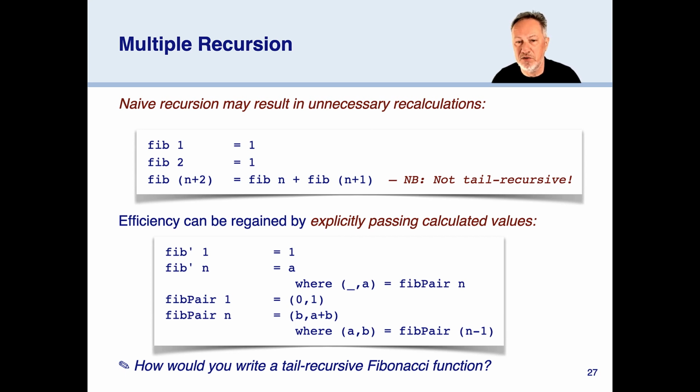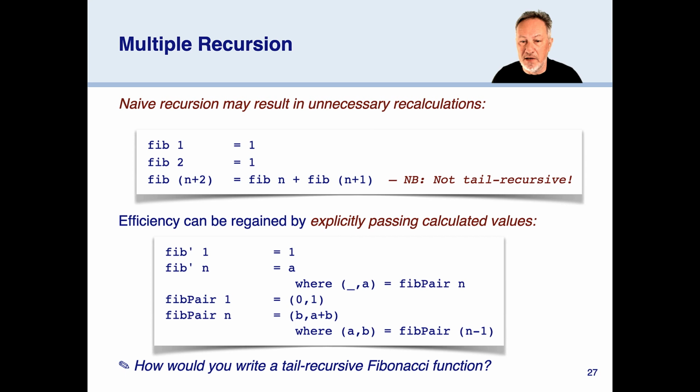Fibonacci of n plus 2 is Fibonacci of n plus Fibonacci of n plus 1. Notice this is not tail recursive. Why? Well, take a close look. What's the last thing that happens here? It's not calling Fibonacci, it's calling the plus of the two Fibonacci calls. So it's not tail recursive. Worse, each of the calls to Fibonacci is going to be recursive, so you're building up an exponential tree.